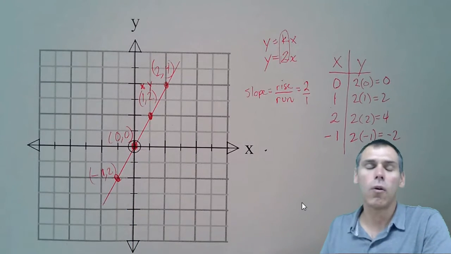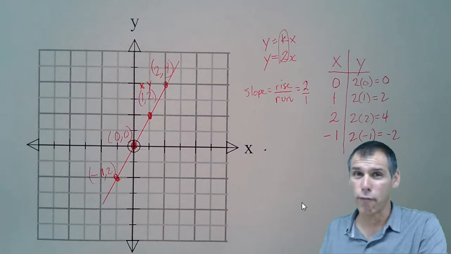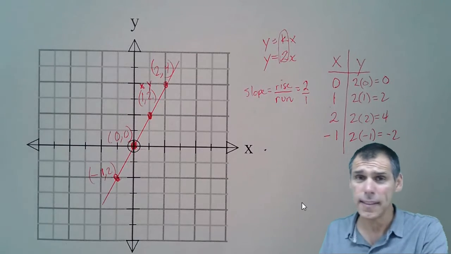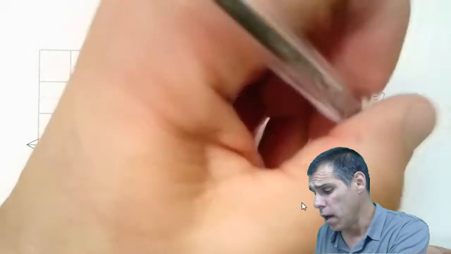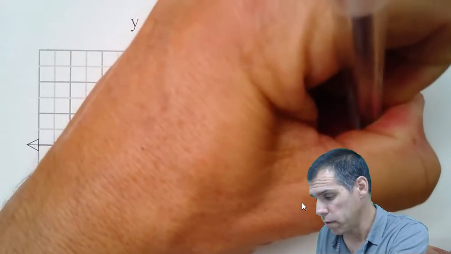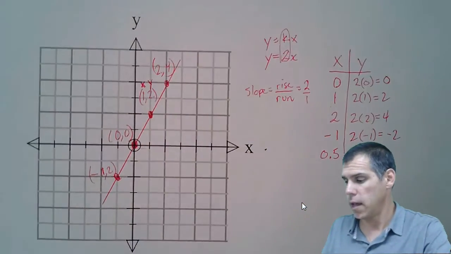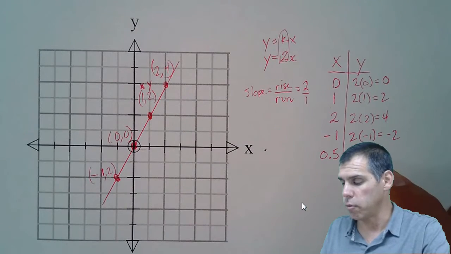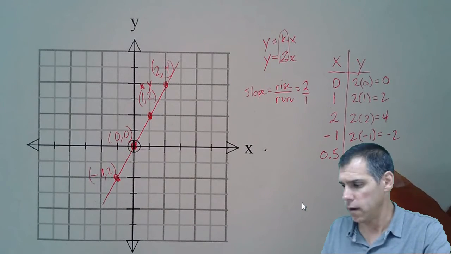Now, this doesn't only work for whole numbers. It works for fractions and decimals and anything like that. If I have 0.5, then I would multiply 2 times 0.5. And 2 times 0.5, that would be 1, I believe.